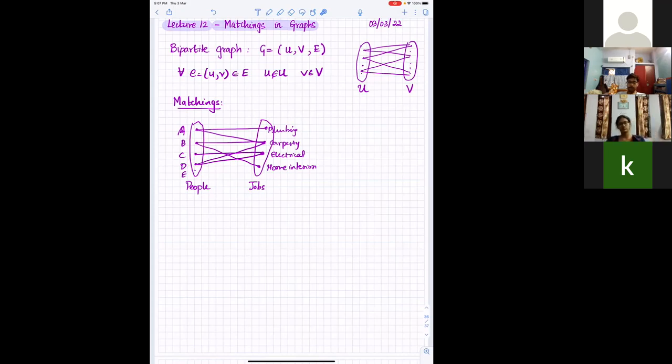So maybe you can assign A to plumbing, B to home decor, and D to carpentry. So now what is the issue with this? Whatever I've drawn, this electrical work is left untouched, right?